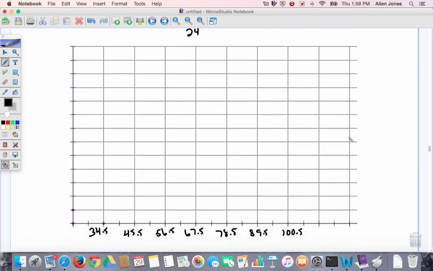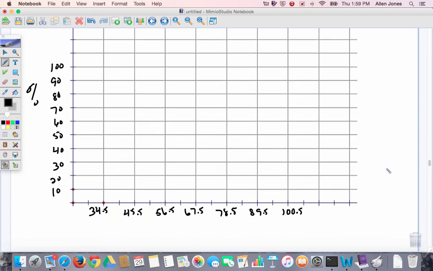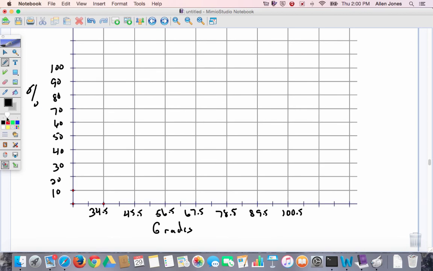And then I'll label my percentages here along the y-axis. So I'm going to go 10, 20, 30, 40, 50, 60, 70, 80, 90, and 100%. Just so we have a little bit more frame of reference here, these are our grades, and those are our percentiles there on the left-hand side.